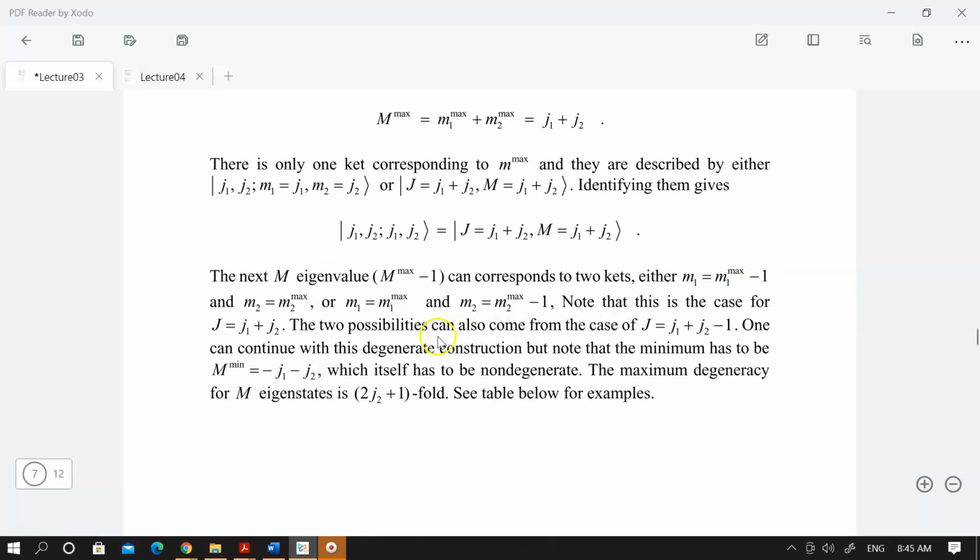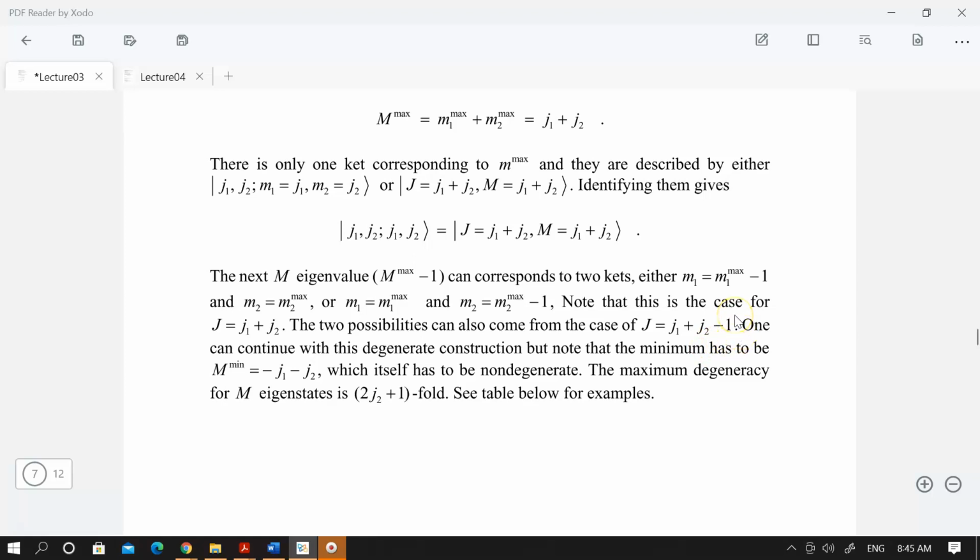The other possibility is to swap the roles. So M1 is the maximum, equal to J1, and M2 is not the maximum, so you have J2 minus 1. The total of your Z component will be J1 plus J2 minus 1.